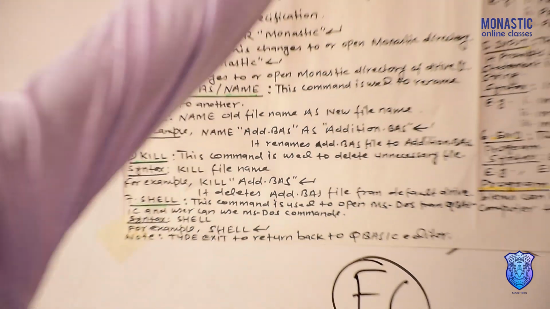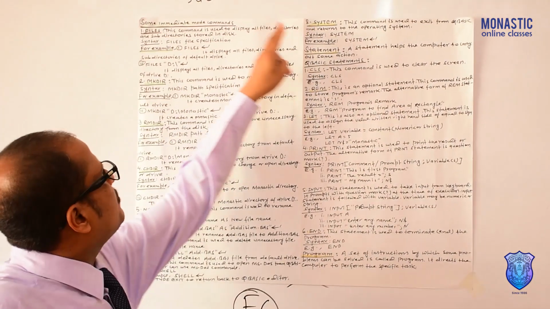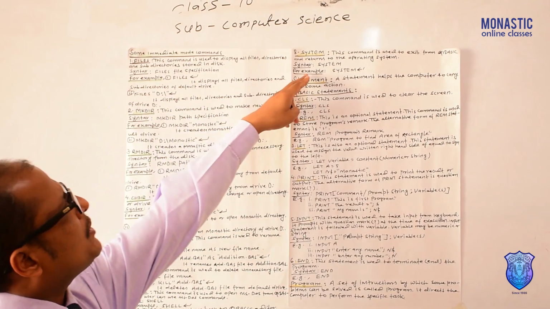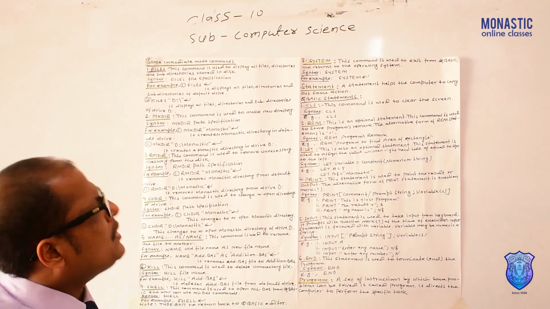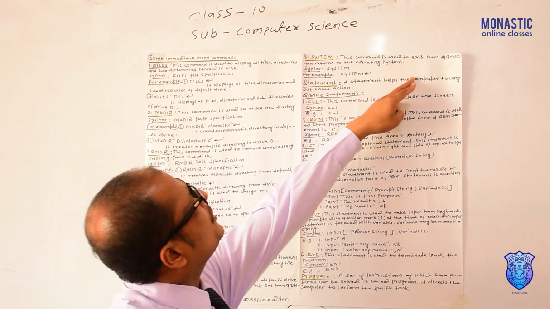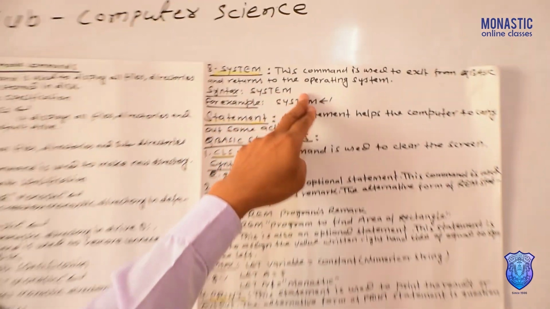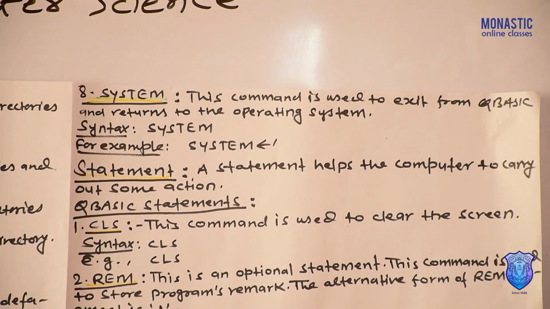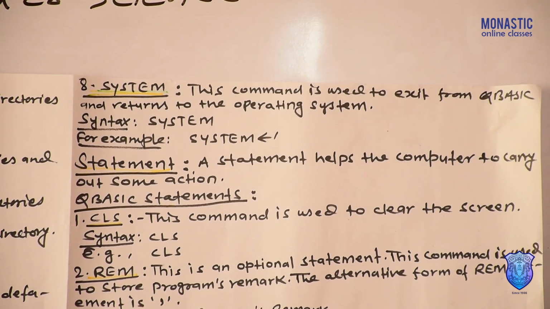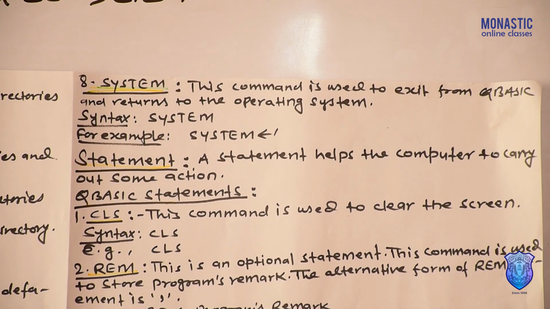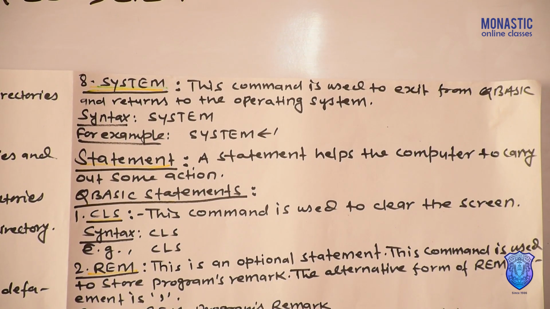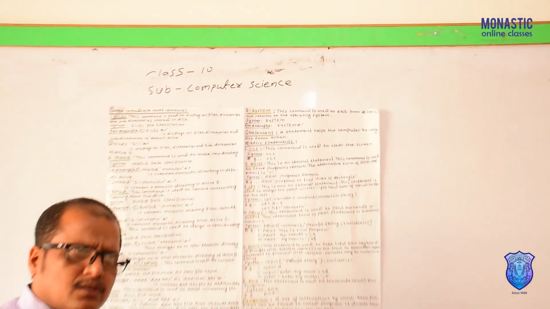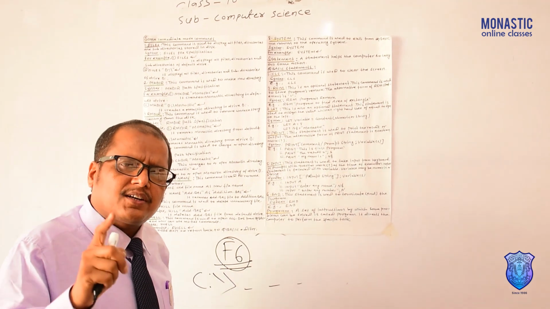Now move to the last statement of this immediate mode command: system. This command is used to exit from QBASIC and return to the operating system. Using this command we can close QBASIC. Last time I discussed that using this method also we can close QBASIC: go to the file menu and click on exit.